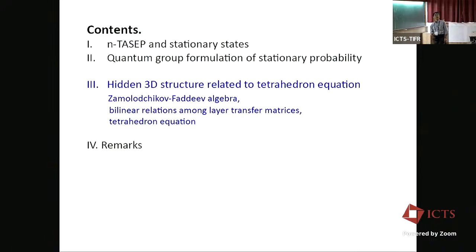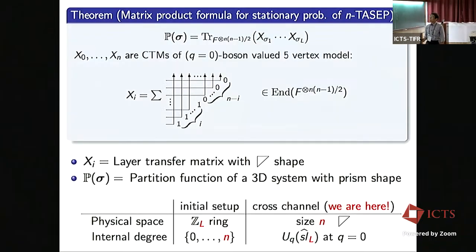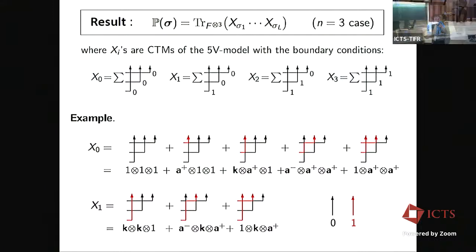So now I move on to the third topic. Yeah, maybe I missed a point. What do you mean by your graphical representation of X_i as a corner transfer matrix? What does it mean? The 1s and 0s you put on the diagonal, are these projectors, or which one? Yes, you say that you put entries equal to 1 on the diagonal and 0. I'm not sure what it means. It's not a projection, but a boundary condition.